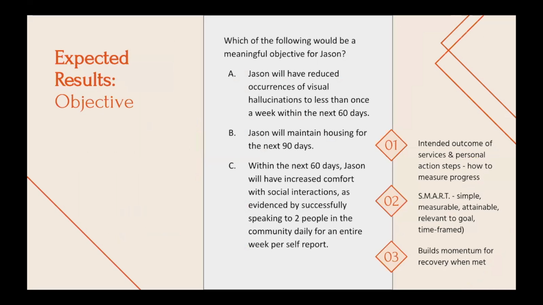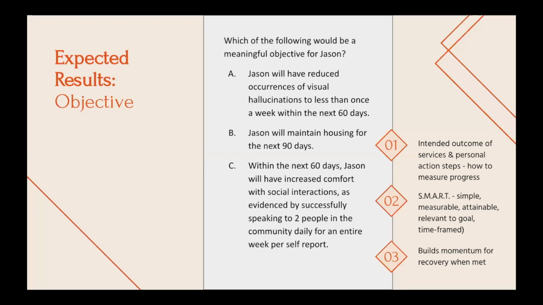A, Jason will have reduced occurrences of visual hallucinations to less than once a week within the next 60 days. Option B, Jason will maintain housing for the next 90 days.